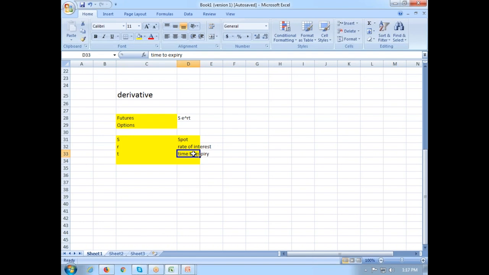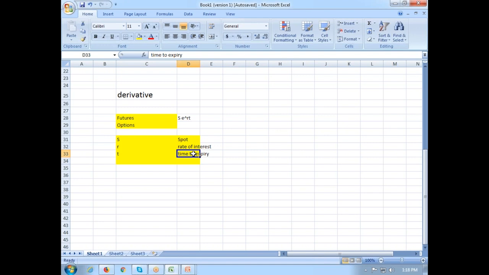Let's say there is a 1 month contract, a 2 month contract, a 3 month contract, a 5-year contract, and there can be a contract whose time is decided between the two parties. That is called a forward contract. In a futures contract, the time is decided by the exchange. In future and option contracts, the time is decided by the exchange.